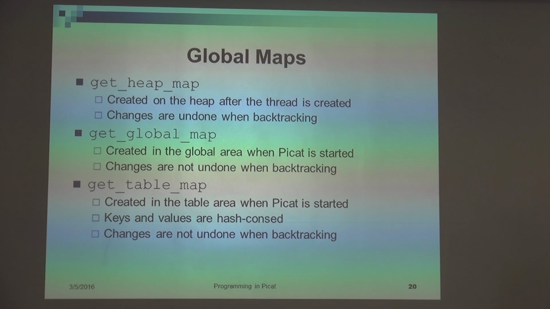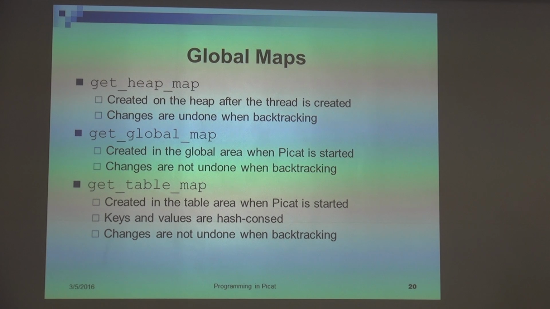Global maps and table maps are different. They are global, so that means changes are not undone upon backtracking. That means you go along a different path, you can still access data created in previous paths. Global maps are created in the global area, and the table maps are created in the table area.